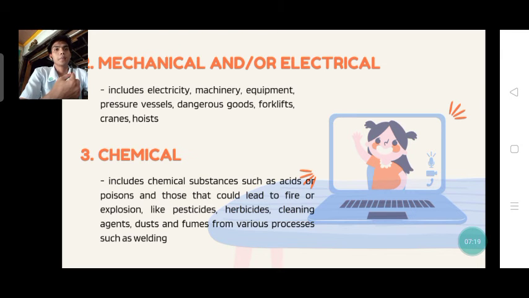Number 3 is chemical. Chemical includes chemical substances such as acid or poison, and those that could lead to fire or explosion like pesticide, herbicide, cleaning agent, dust, and fumes from various processes such as welding.